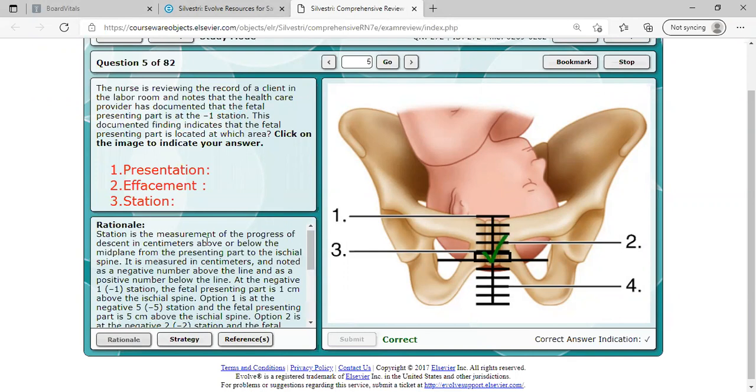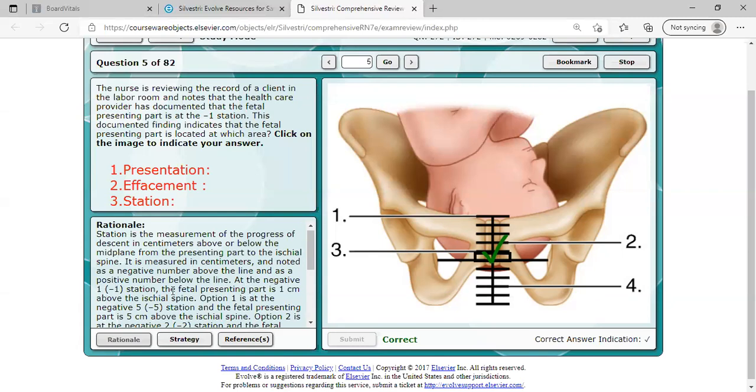Station is the measurement of the progress of descent, the centimeters above or below the midline from the presenting part to the ischial spine. This is the ischial spine, true line. Above the line is noted as a negative number, meaning this area, and below the line as a positive number, meaning this area.